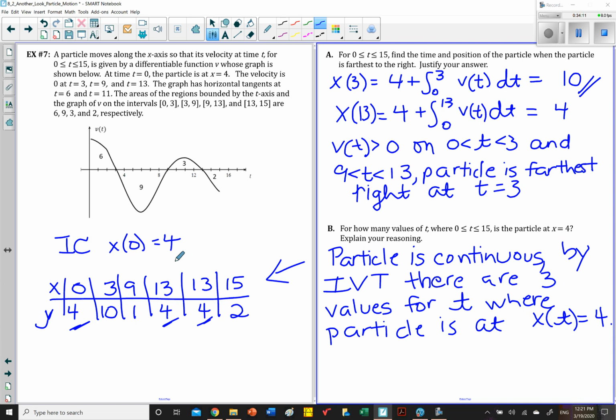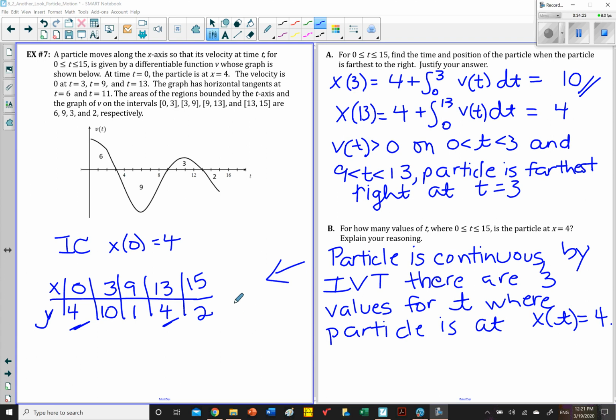Wait, did I mess up my chart? 0, 3, 9, 13, and 15. Hold on here, I made a mistake. Wrote my table wrong. Okay, got that fixed. It's still going to be 3. Let me explain. So intermediate value theorem, we're going to take on every value.